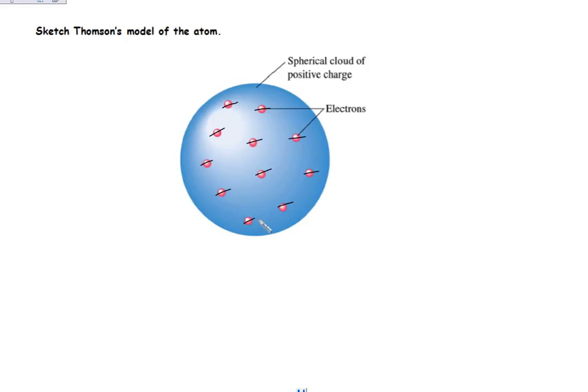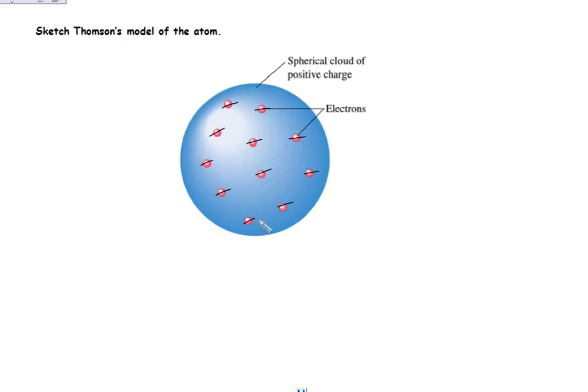The positive component, he didn't really know. He just said there's got to be something positive so that overall the atom is neutral. So he said maybe it's just like these negative electrons are floating around in some kind of a positive material, kind of like the cookie part.